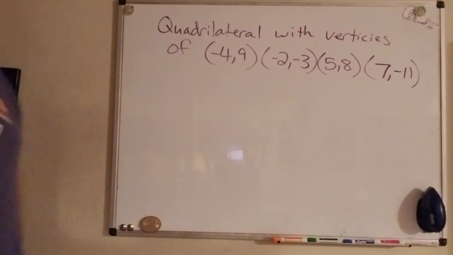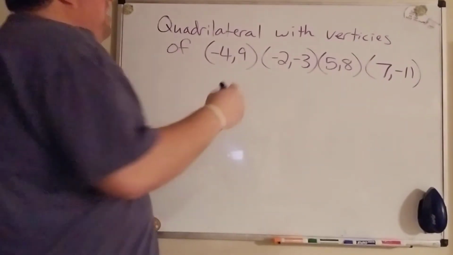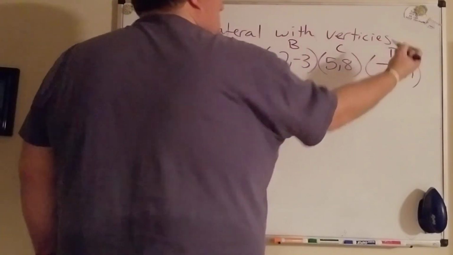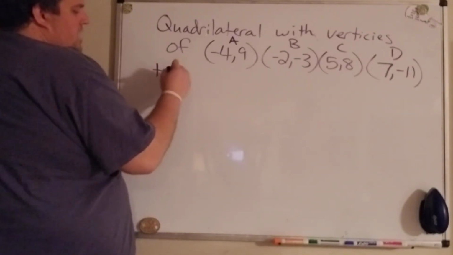So we have some quadrilateral. That's where its points are. We can even call it A, B, C, D if you want.